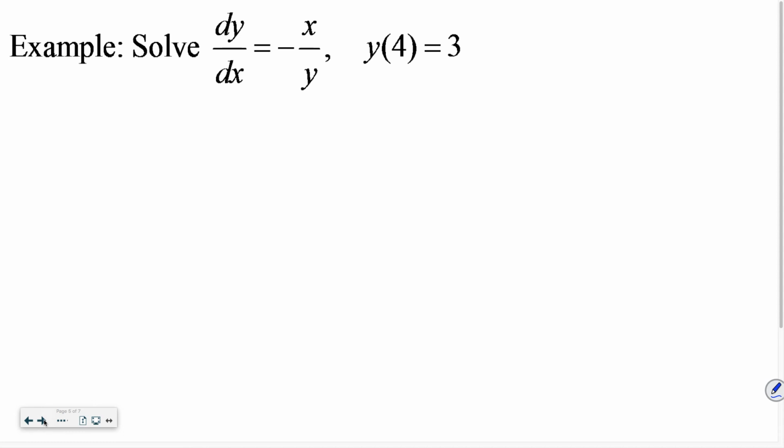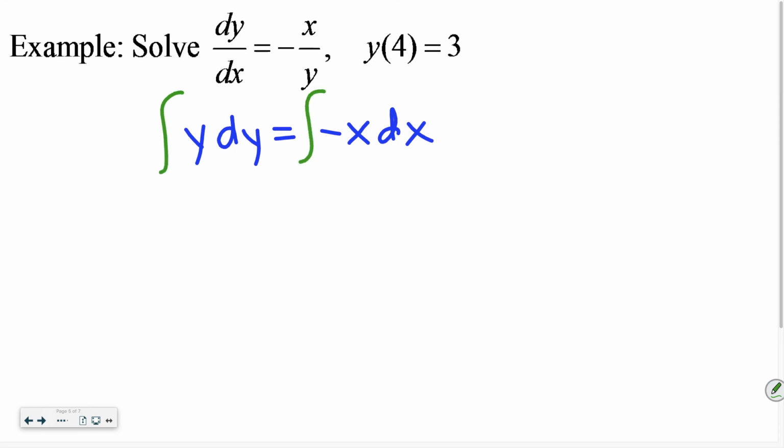So when we cross multiply, in this case, that's going to work. y dy, I would leave the negative with the x, dx. So we can integrate both sides.